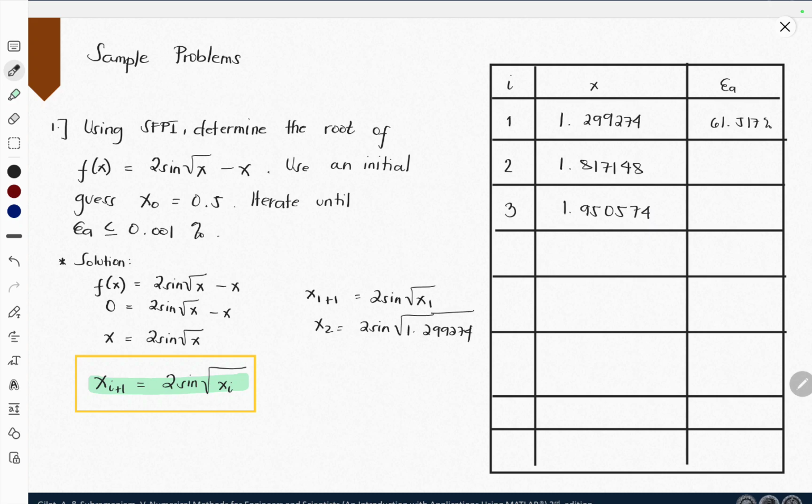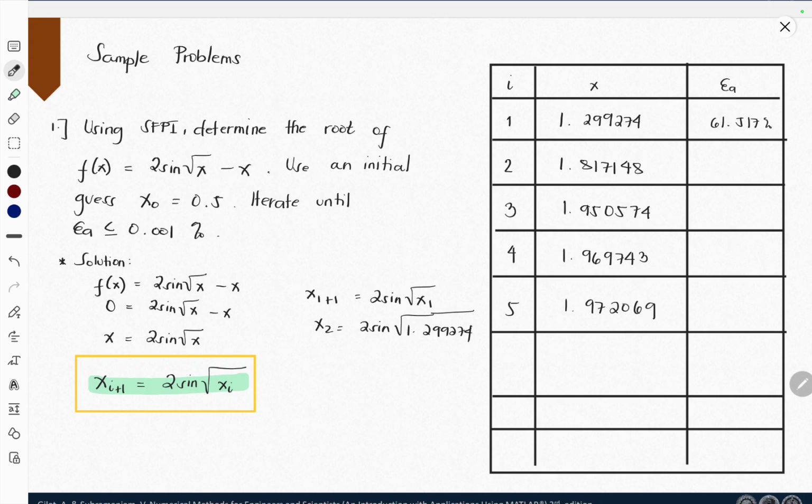For your fourth iteration, 1.969743. For your fifth iteration, 1.972069.